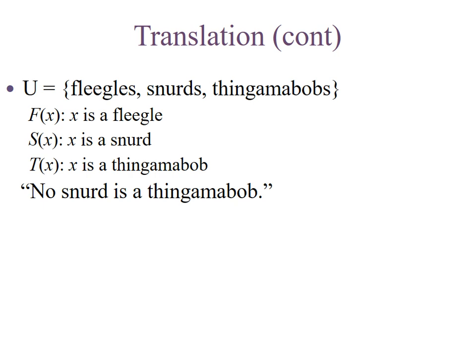So you need to examine every element within the domain. And if it is snurred, then it is not sigma bar. If every element satisfies that condition, then that means no snurd is sigma bar.